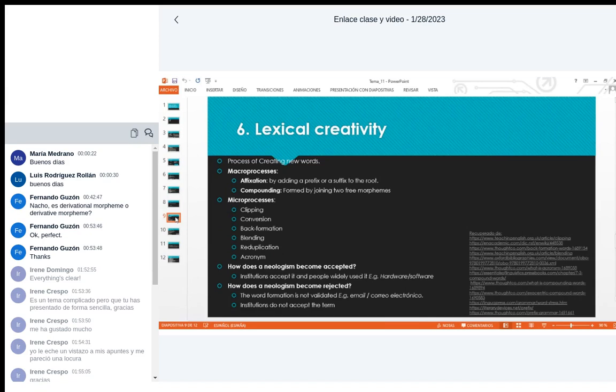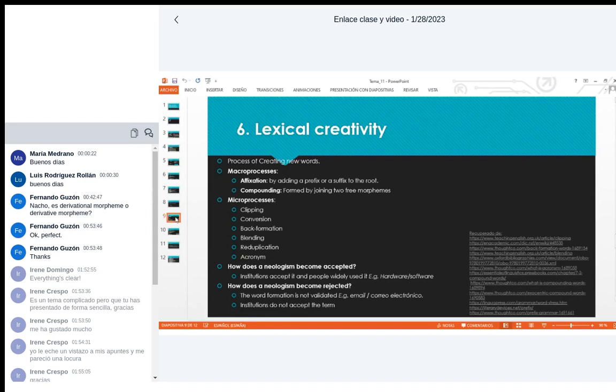And, well, how does a neologism become accepted? How does a new word become accepted? Well, in Spain, we use the Real Academia de la Lengua, which approves the use of a new word by including it in the dictionary. If it's included in the RAE dictionary, then that word is accepted.